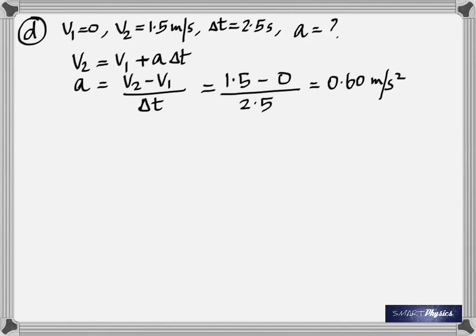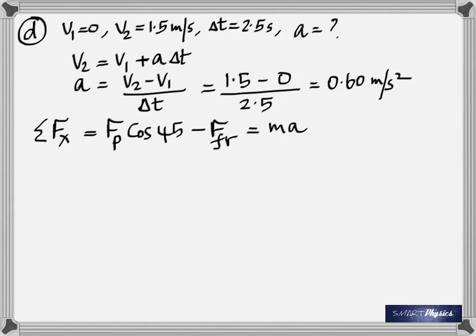And after that, again go back to the net force along the x-axis. It's Fp cos 45 minus friction. The only difference is the right-hand side did not become 0. That's all. The right-hand side is going to become 14 times 0.6. That's the difference.